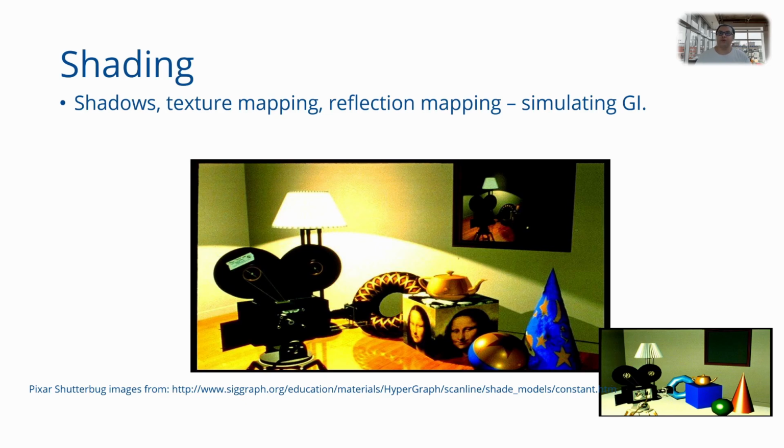We at least need to do this visibility computation to figure out if a surface point is in shadow or not. And that we have to do separately in addition to the standard shading computation that happens. So in any one of the kinds of shadings that we have seen so far, there are no shadows.